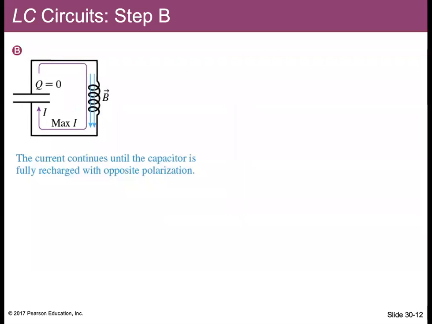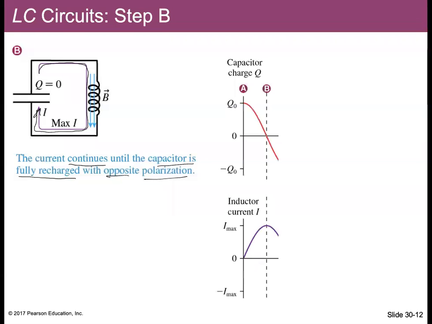Now let's look at the next step. What happens next? Now the current, here we go, here's our current, and it's going along, and it continues until the capacitor is fully recharged with opposite polarization. The next step is where the current is going to reach a maximum up here.